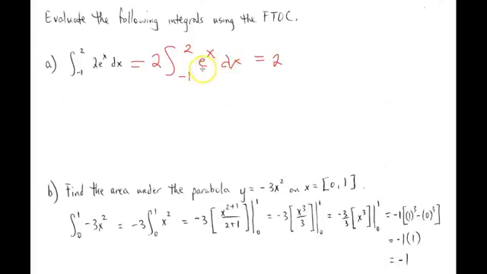Now, we all know that this is supposed to be little f of x, and if we take the antiderivative of e to the x, we all know that that is just e to the x, because e to the x is the derivative of itself. And we are going to evaluate that from -1 to 2.